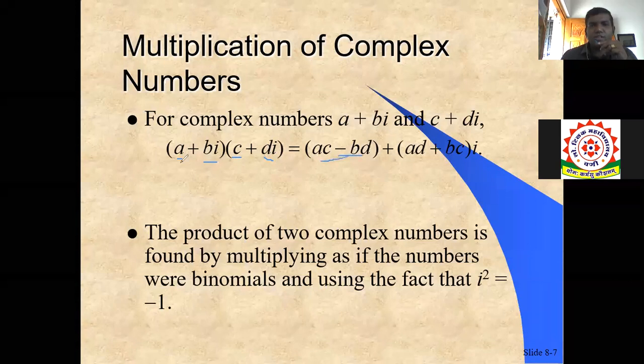Then a into di is adi, and bi into c is bci. So taking i common, it becomes ad plus bc. So the product of two complex numbers is again a complex number.